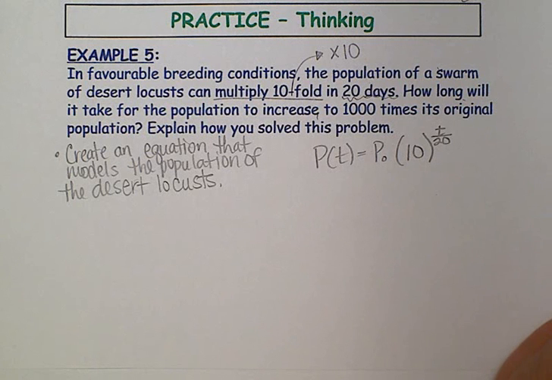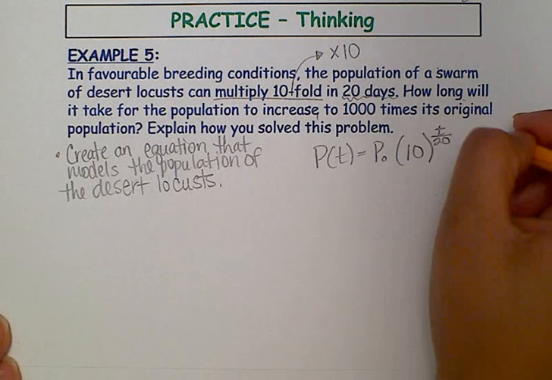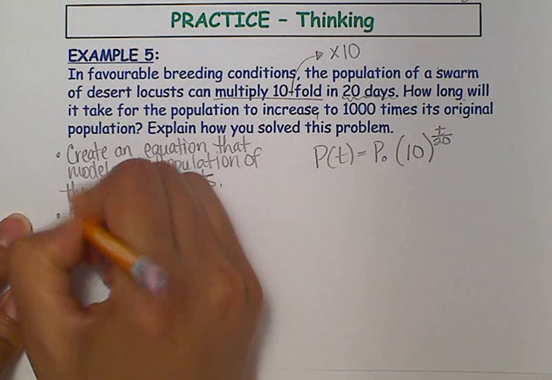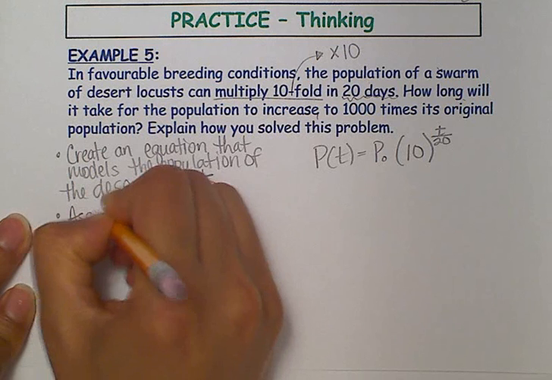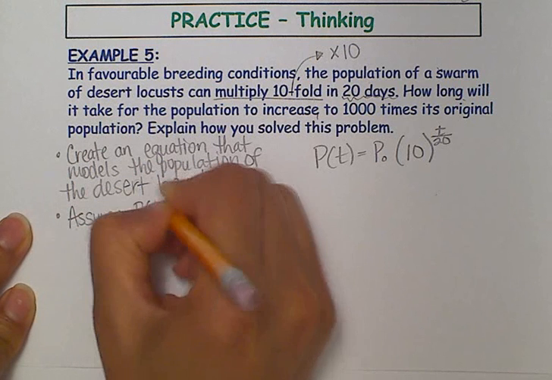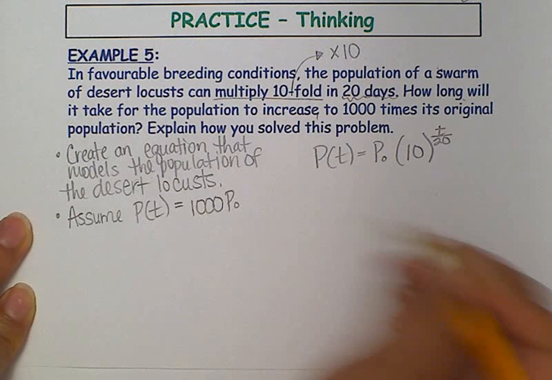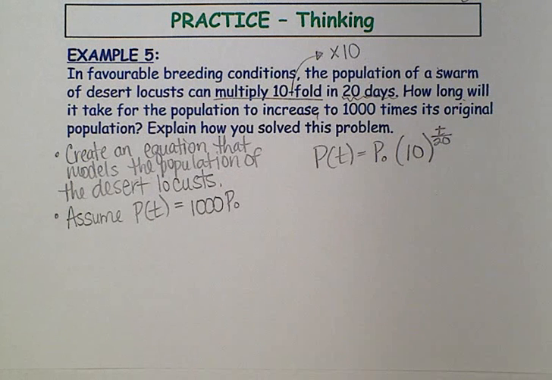Okay? And now we're trying to figure out how long it'll take for the desert locust population to increase to 1,000 times its original population. So we can assume that the population we're looking for is equal to 1,000 times the initial population. I'm not going to choose a number, because then I'm only specifying it for that particular case.